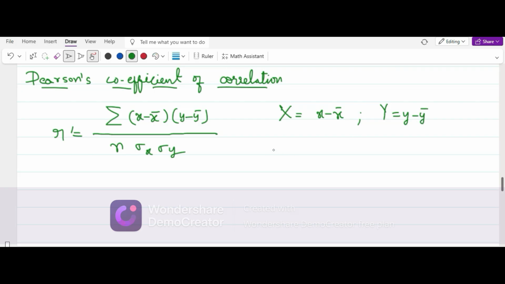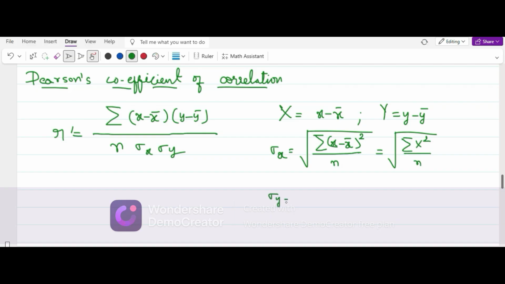And sigma x is the square root of the summation of x minus x bar whole square divided by n. That is nothing but the square root of summation capital X square by n.